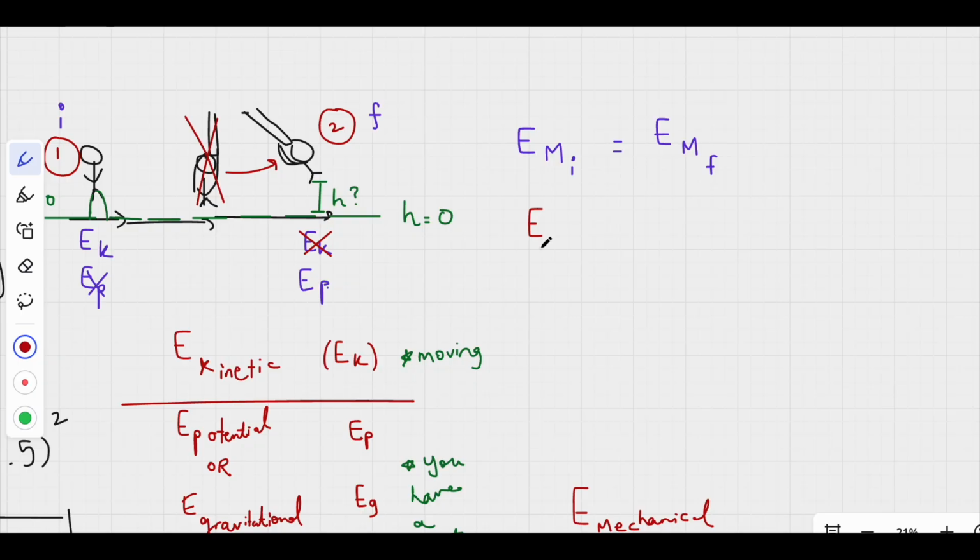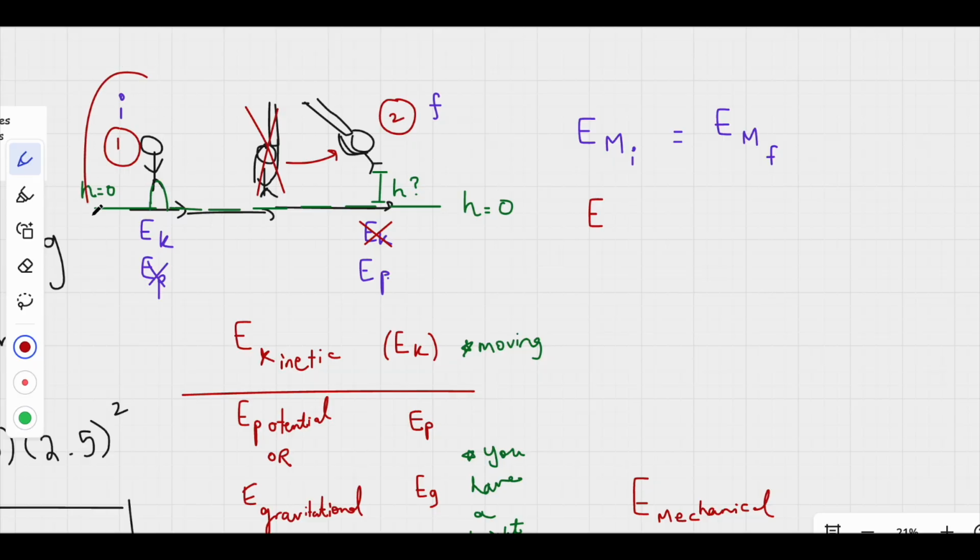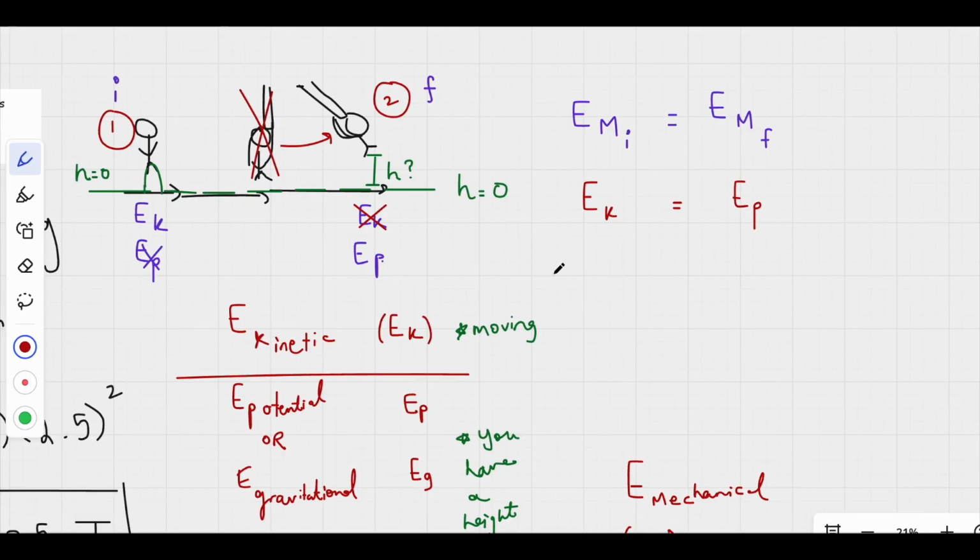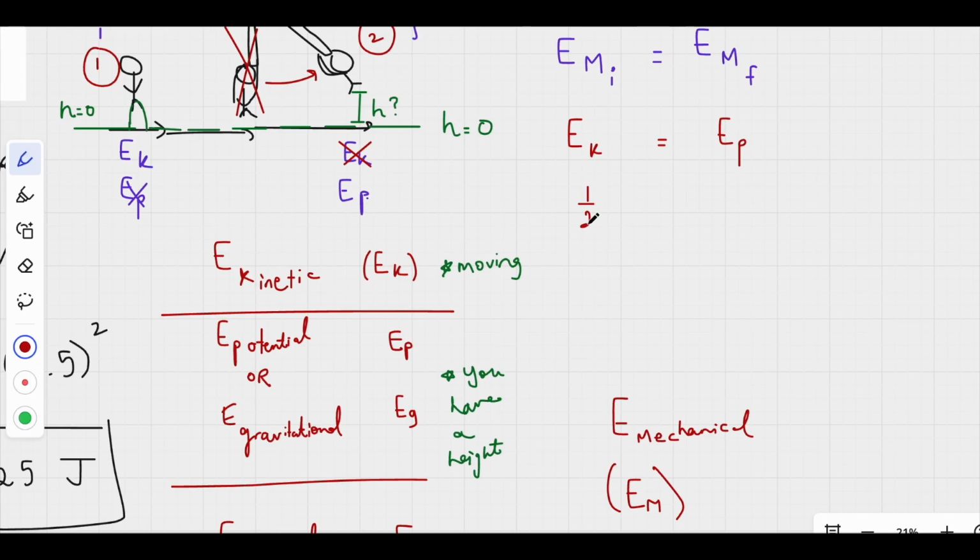So to set up the equation, we now have the initial mechanical energy equals the final mechanical energy. So this is the initial energy that she has at this point. This would be the final energy. And initially she only has kinetic energy, and at the end she only has potential energy. And now you just expand those equations. So from the first part of the question, we discussed this is the equation for kinetic energy.